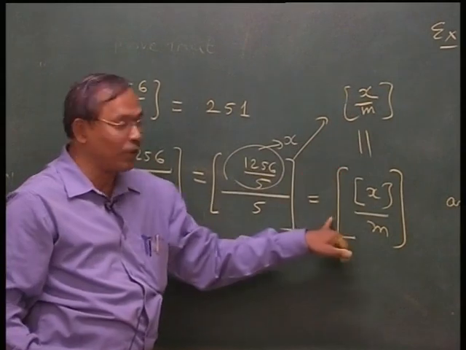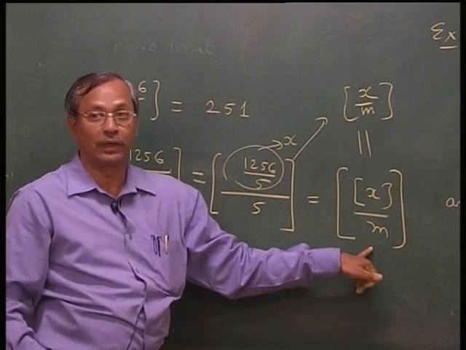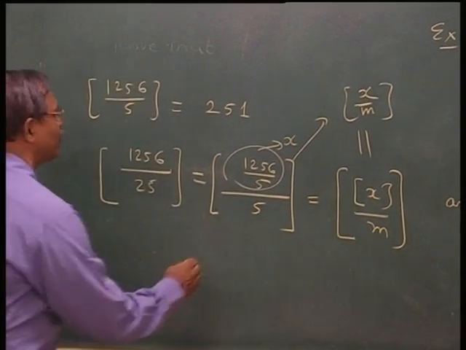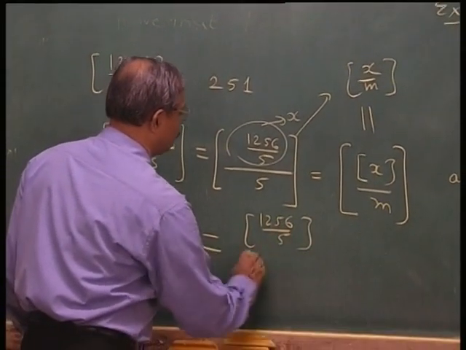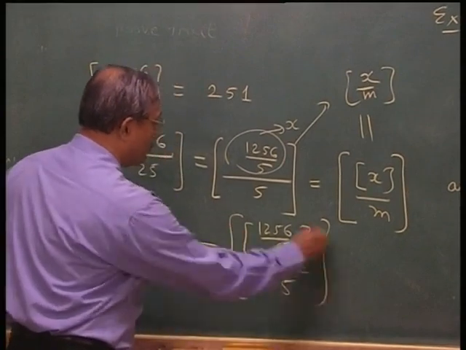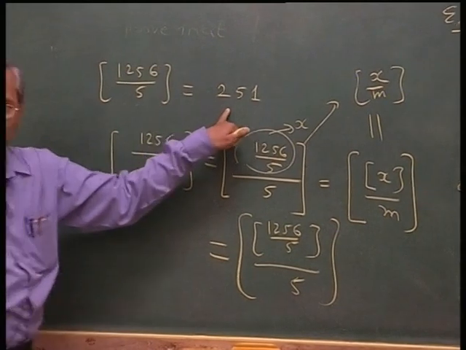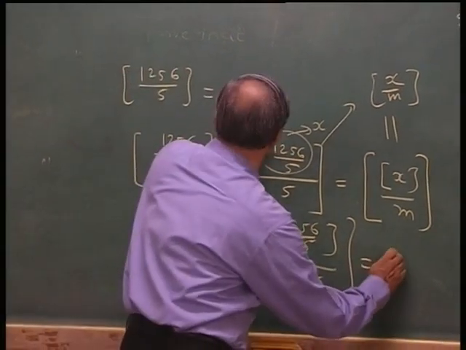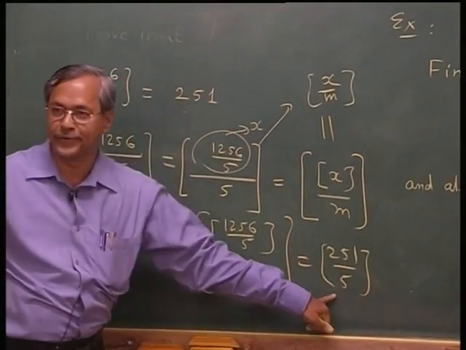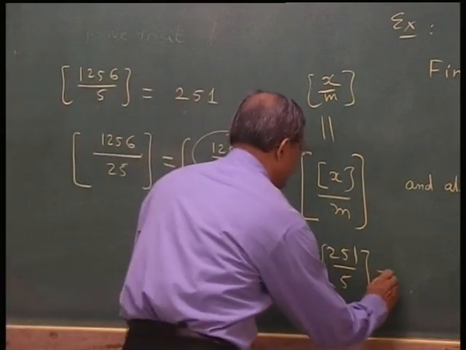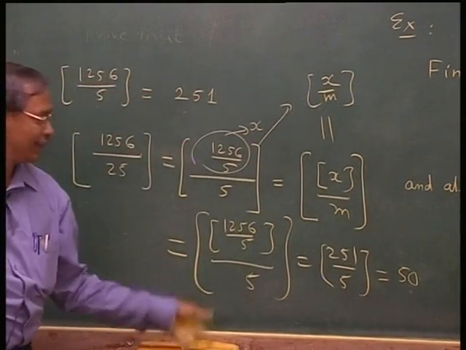You are replacing this by a more complicated looking expression, but this is actually very helpful. Now see, what is the integral part of 1256 by 5? You have already calculated this and the number has become smaller. This is 251 divided by 5, and again you have to divide by 5 only. It is a small number. What is this? So this is 50.